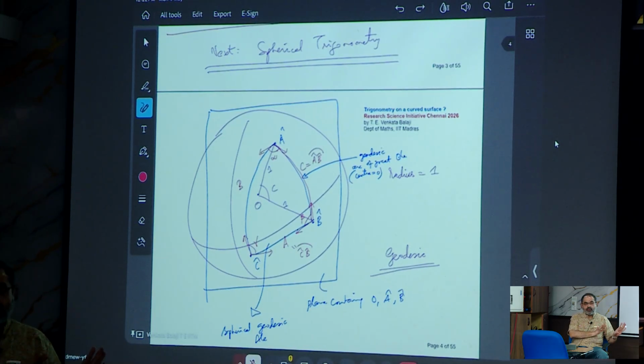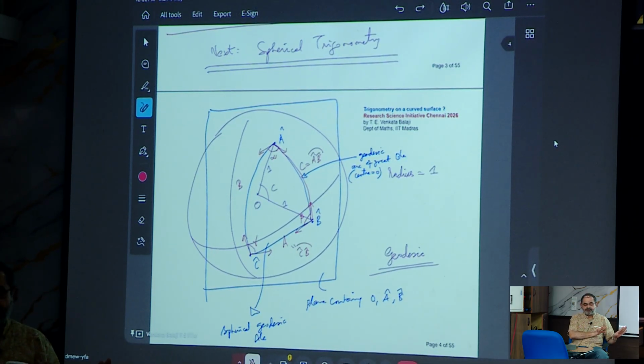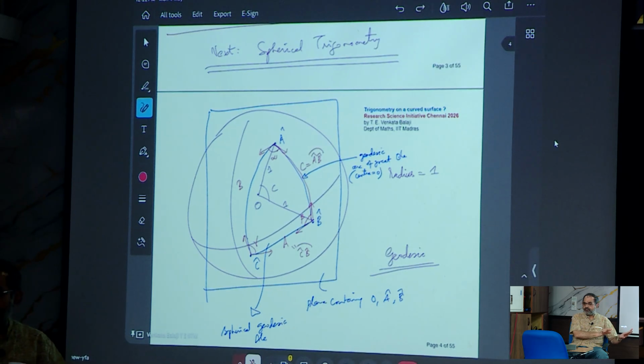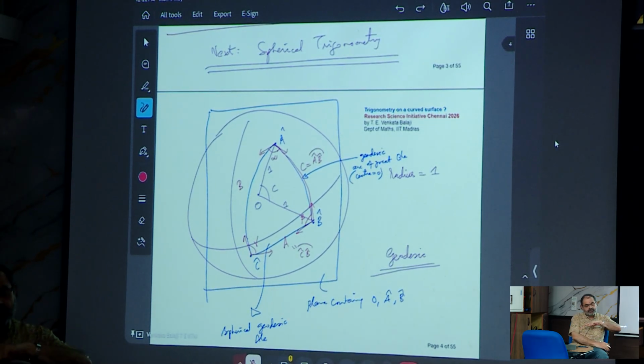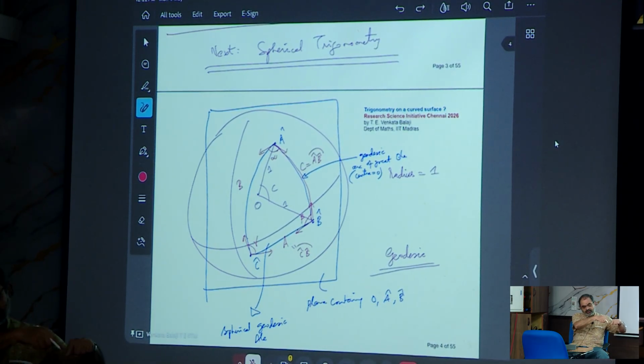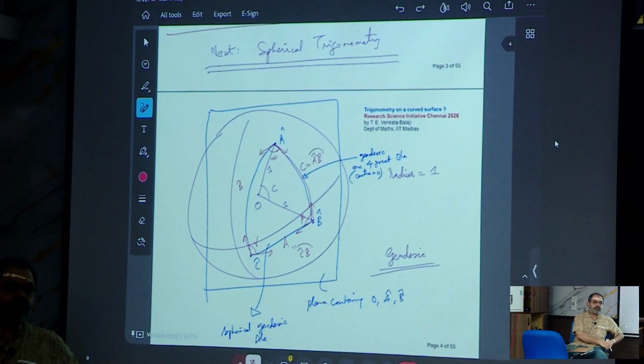So you always derive inspiration from what you already know. In the plane, when you do trigonometry using a triangle, you take 3 points and you join them by these line segments, and then you do your trigonometry. So what is the special purpose of these line segments? They are the shortest distance.